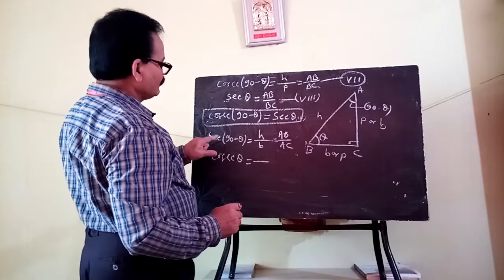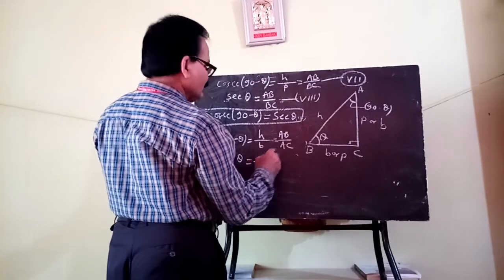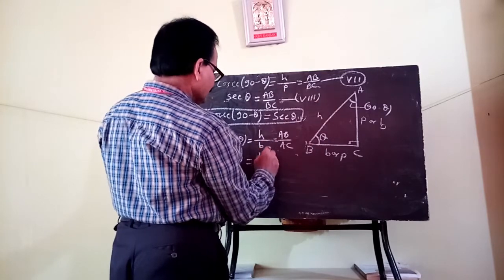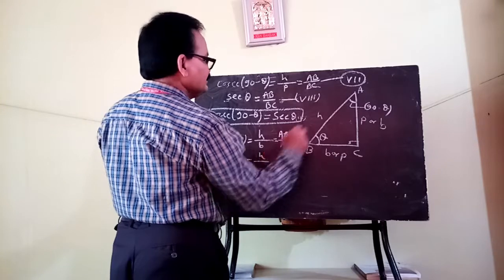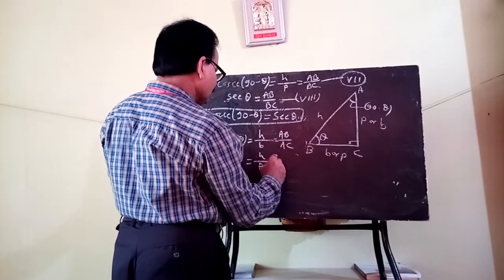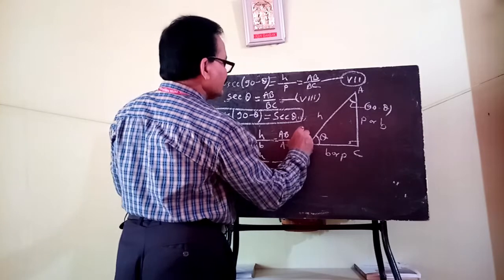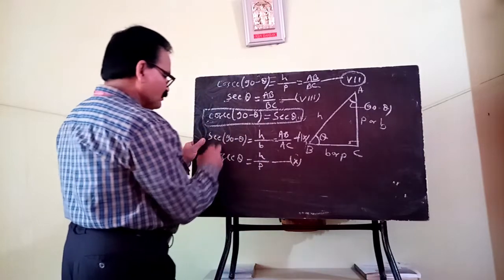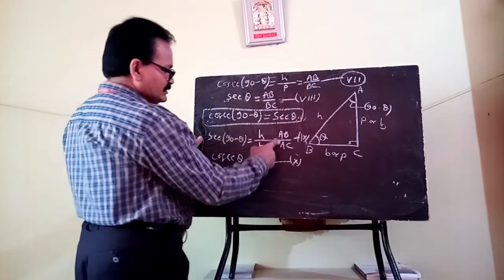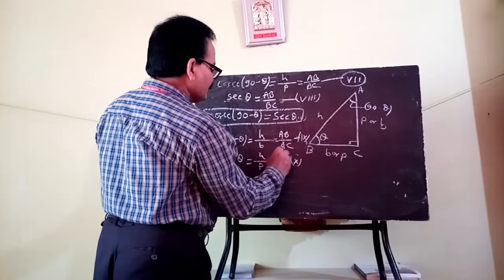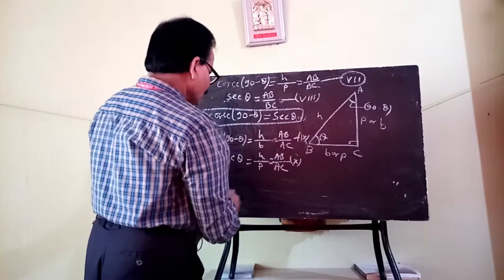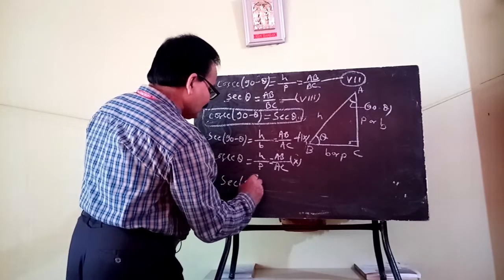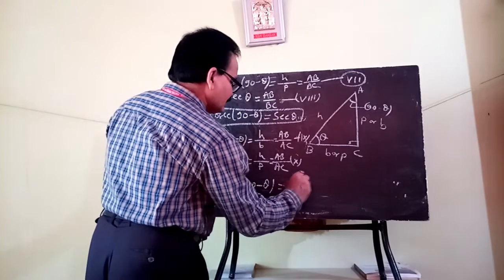For your cosec theta, the value for AB will be your H and AC will be your P. So we take it as equation 9 and this is 10. If we compare 9 and 10, from this you have got the same answer, that is AB by AC. So after comparison, you will see that sec 90 minus theta will be your cosec theta.